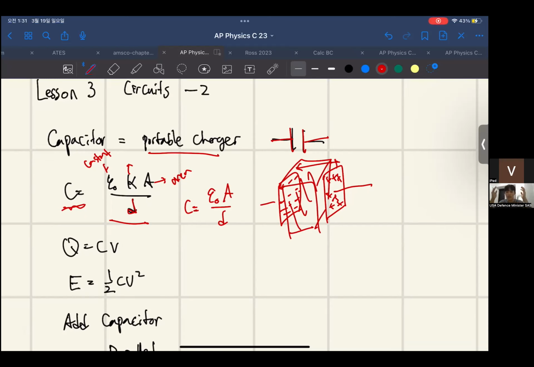Well, basically, when you have a certain block in the middle of your plates, and when it's vacant, or when there's only air, of course, it's going to be different. The amount of charge that can be stored between the two plates is going to be different. You might think that if you have an object between the two plates, you would be able to store less charge.